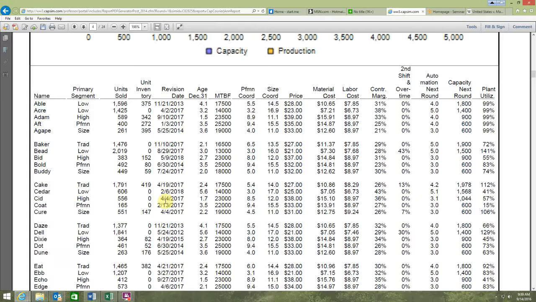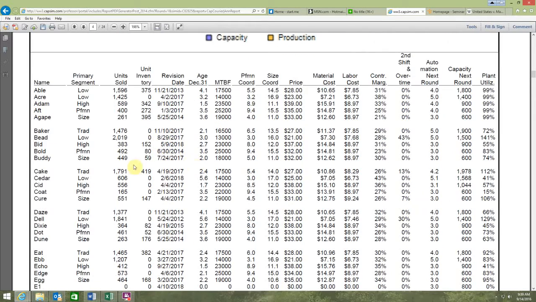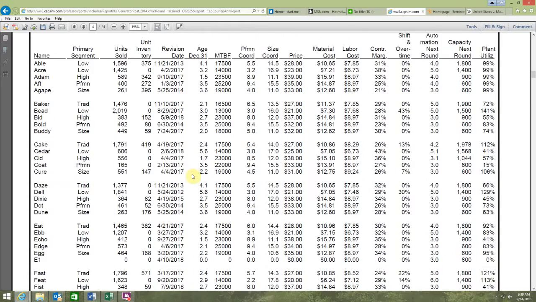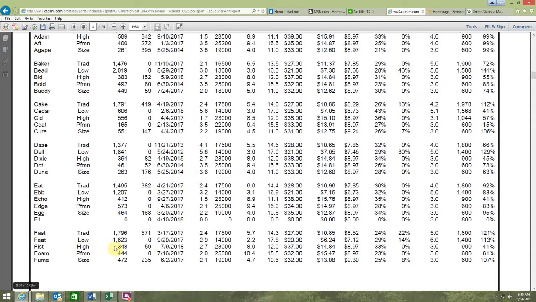When you get in there, you won't be able to revise this product, because it's already going to revise this coming year, so you won't be able to make changes. Baldwin won't be able to make changes to Bid, Chester won't be able to make changes to Cedar, and Ferris won't be able to make changes to Fist.